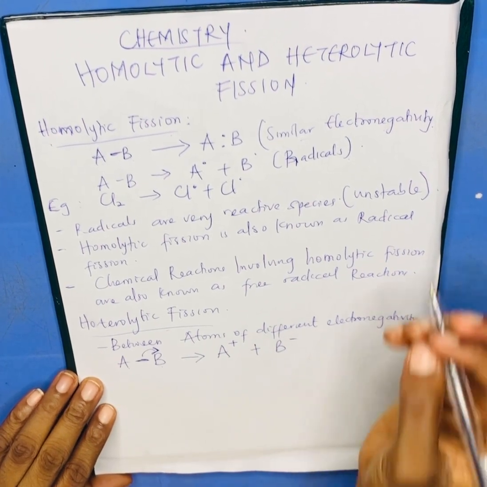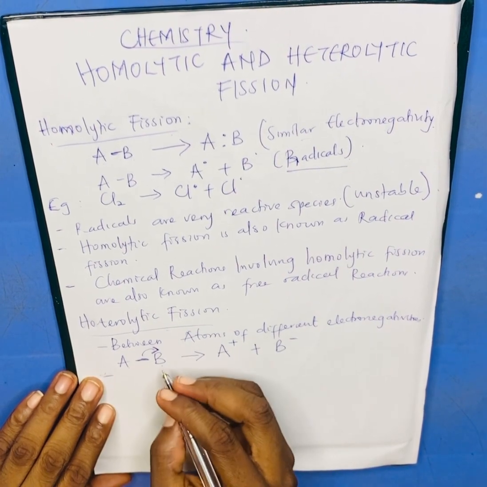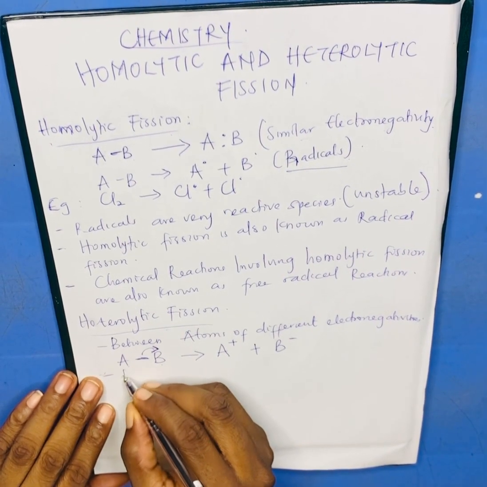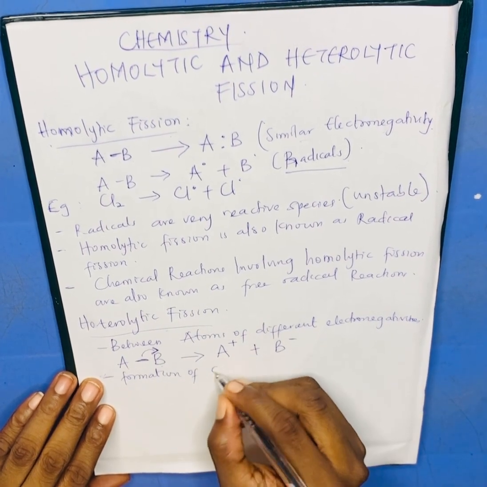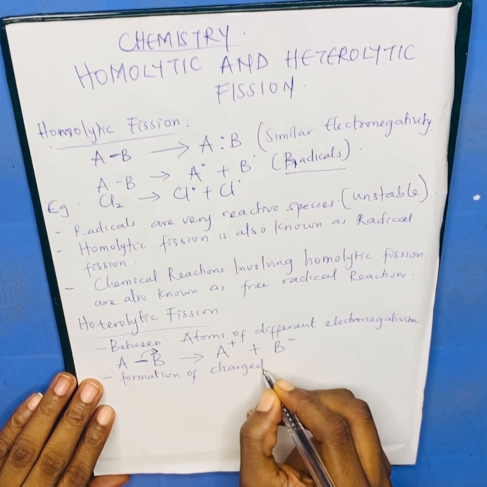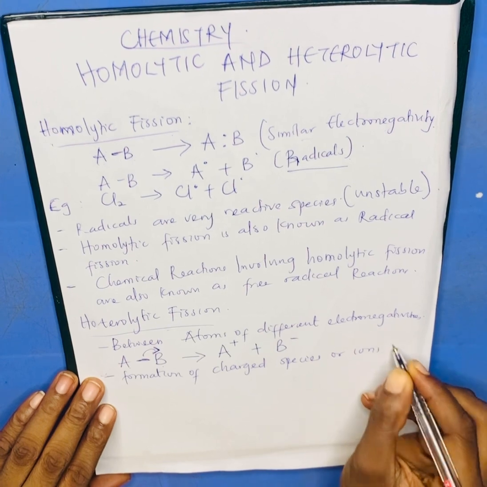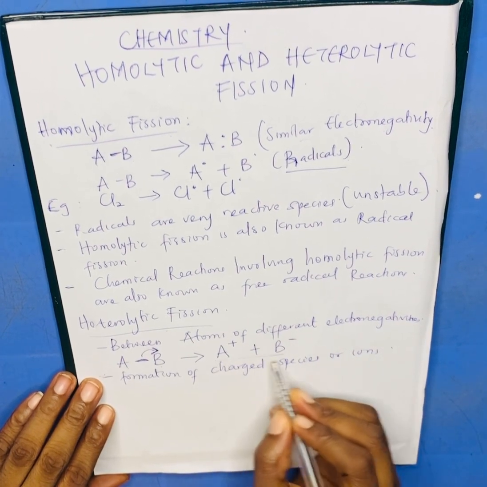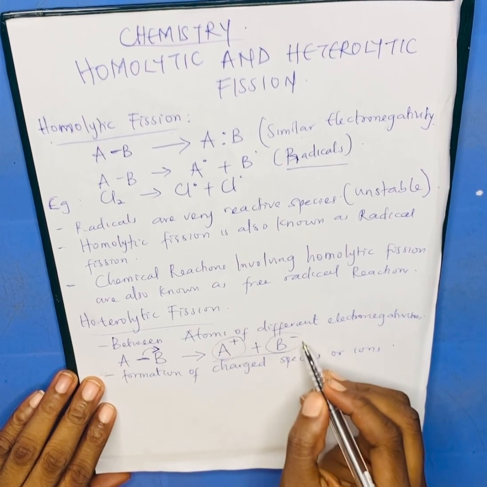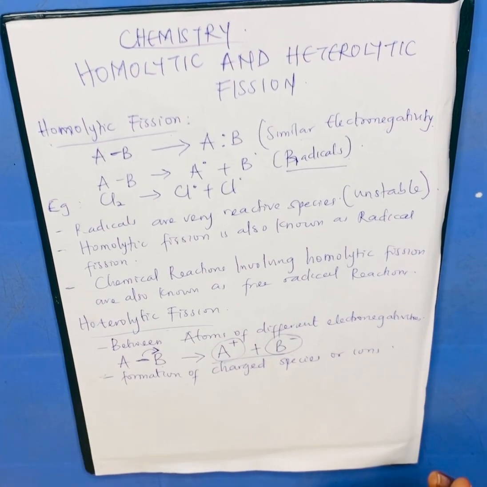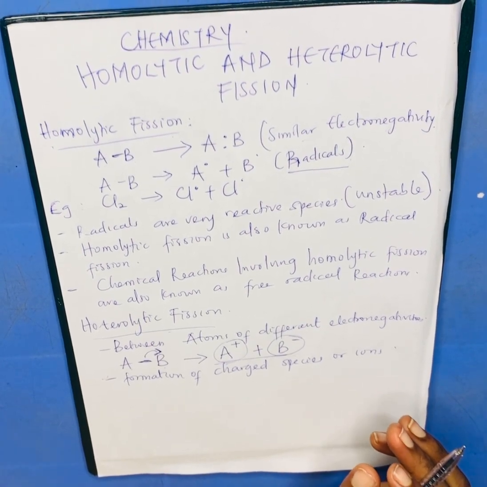Unlike this one that leads to the production of radicals, this leads to the formation of charged species or ions. So we have this to be positively charged and this to be negatively charged. Like I explained, it happens between atoms with different electronegativities.